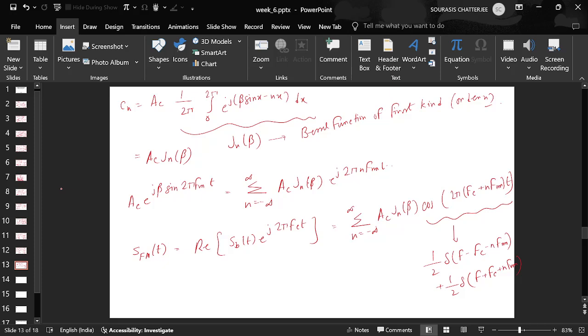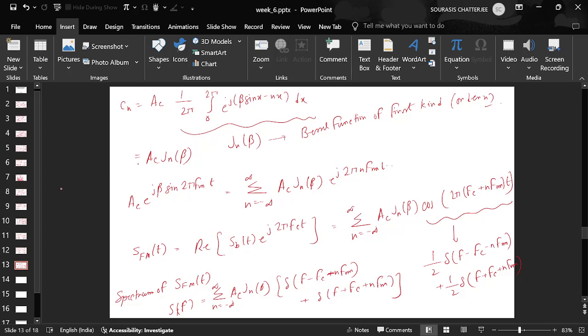So the spectrum of the FM signal, S(f), is obtained as n runs from minus infinity to infinity, with this constant term A_c J_n(beta), and then we have spikes at these positions, f minus (fc plus n fm) and f plus (fc plus n fm), with n ranging from minus infinity to infinity.